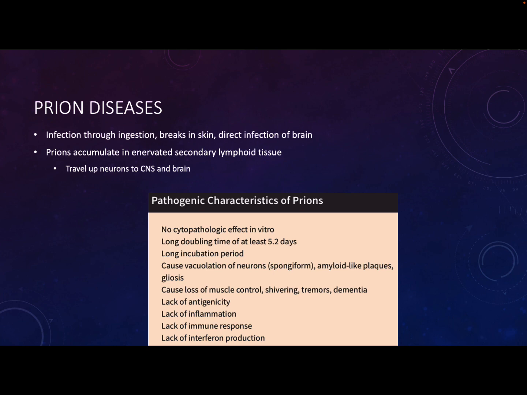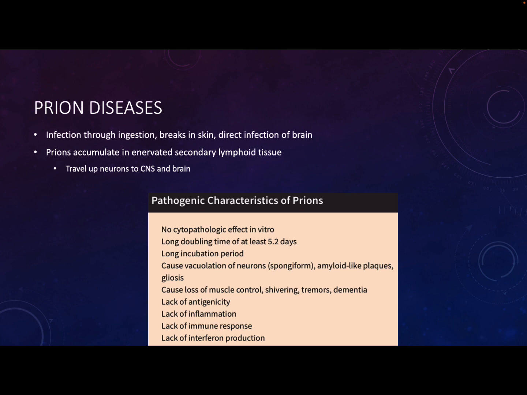So I know we don't have a neurology course here, but maybe in some of your courses you've talked about some of these neurodegenerative disorders like Alzheimer's, Parkinson's. They're often characterized by plaques in the brain, and prion diseases do the same thing. Eventually, you'll have a patient that loses muscle control. They may have uncontrollable shivering and shaking, dementia.